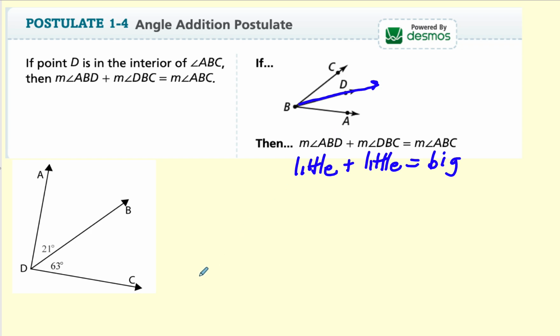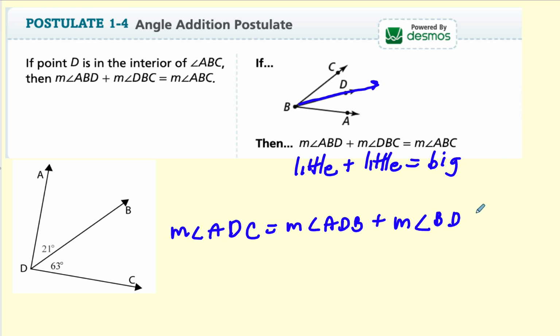So if I wanted to figure out the measure of angle ADC, that's the big angle, I would take the little angle, which is ADB, and add it to the other little angle since they're sharing the same side. And so I would be doing 21 plus 63, and the answer would be 84 degrees. So little plus little is equal to big.